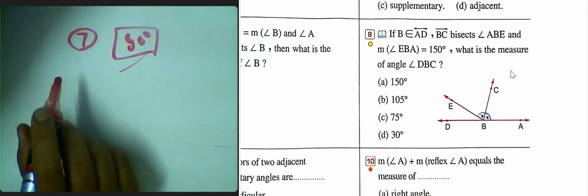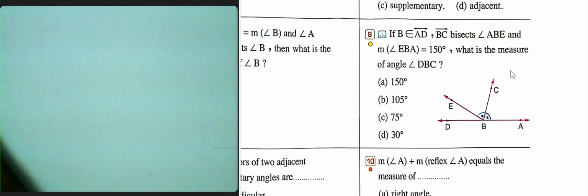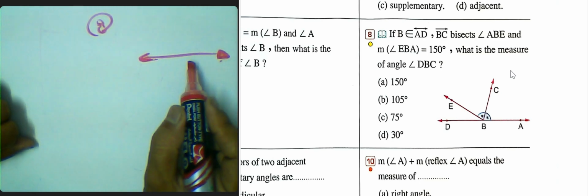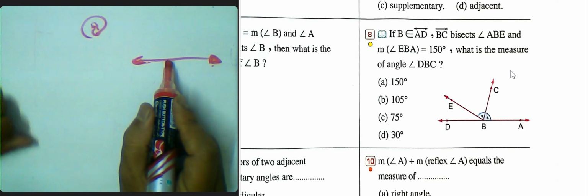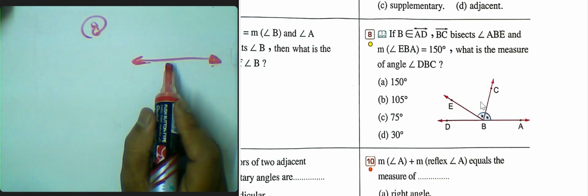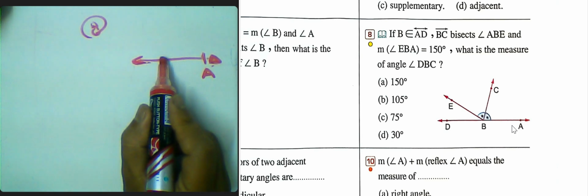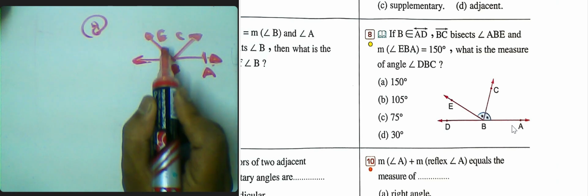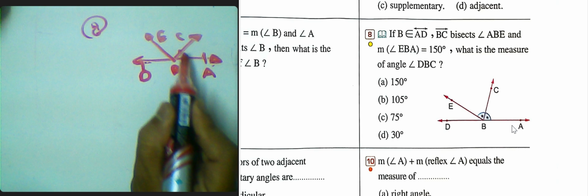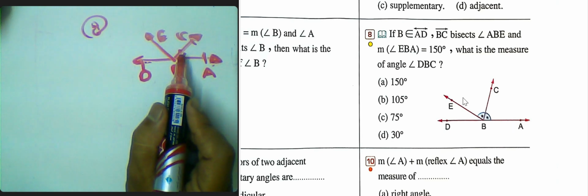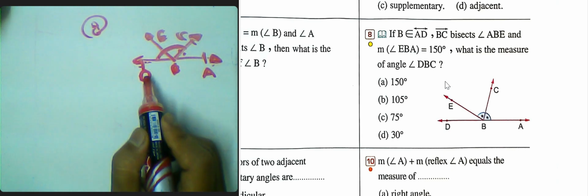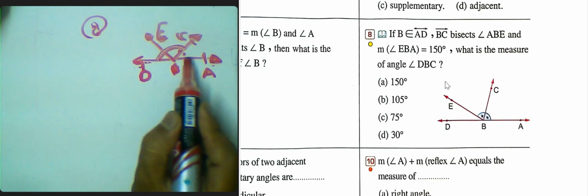Question number 8. If B belongs to a straight line, I will write here A, B, C, E, and D, two angles equal. Here you want to find the measure of angle DBC, this angle.